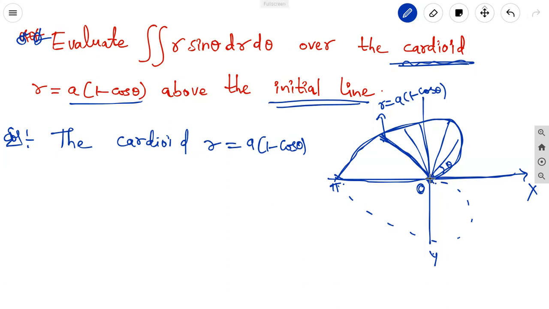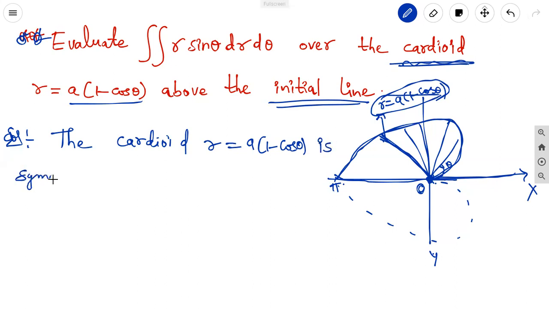If θ is 0, this place is 0. When it turns to θ of something, 10, 20, 30, 40 degrees, then the radius changes depending on the θ value. The radius is r equal to a(1 − cos θ). That is the cardioid shape and it is symmetrical.